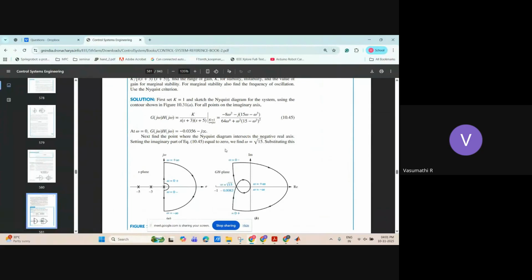I will just give k equal to 1 first. G1 is equal to k divided by s into s plus 3 into s plus 5. It's open loop stable. No poles are in the right half of the s plane. So it is open loop stable.